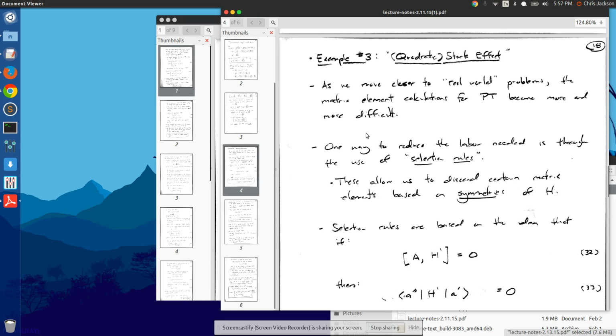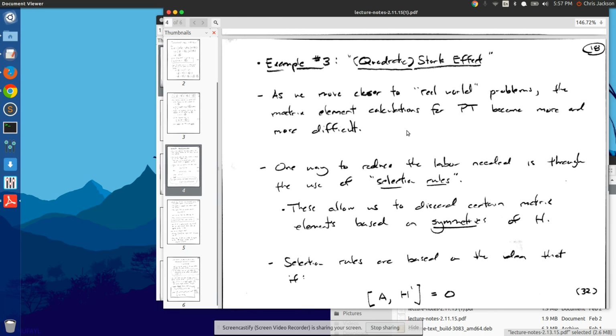But the first thing we said was that in a lot of these real-world instances, the solutions are messy and hard to come by. But there are some things at our disposal that make our life a lot better, and one of these is called selection rules. This is especially important when you're talking about transitions in an atom or even in scattering.